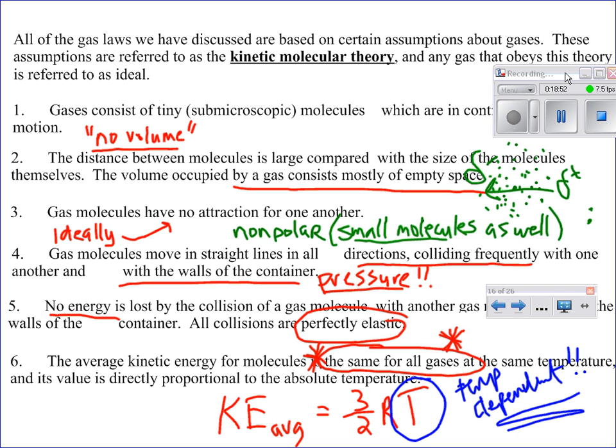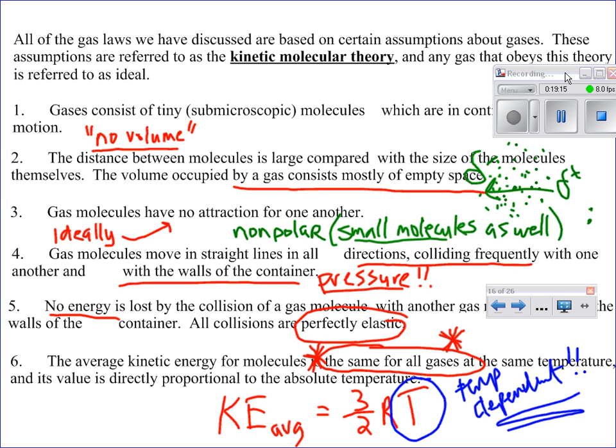So those are kind of common sense, right? Now this is what I want you to use to answer tonight's question. Tonight's question was something about pressure increases, temperature increases, and using the kinetic molecular theory, explain this. So which ones relate to temperature and pressure?